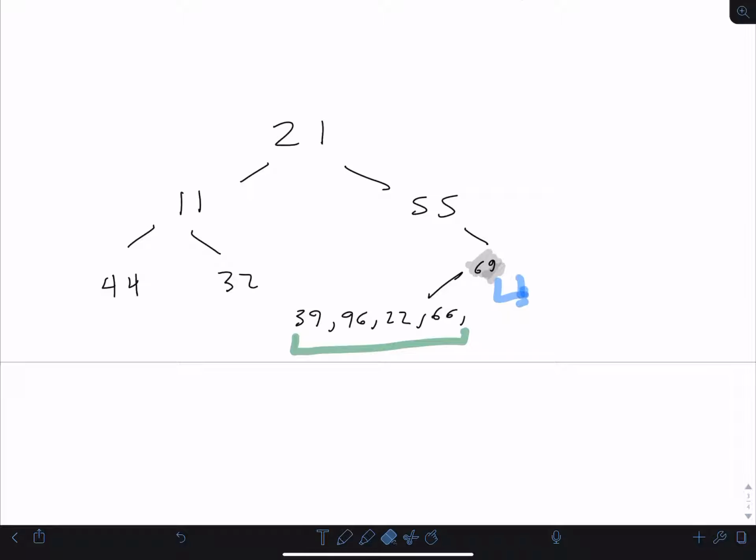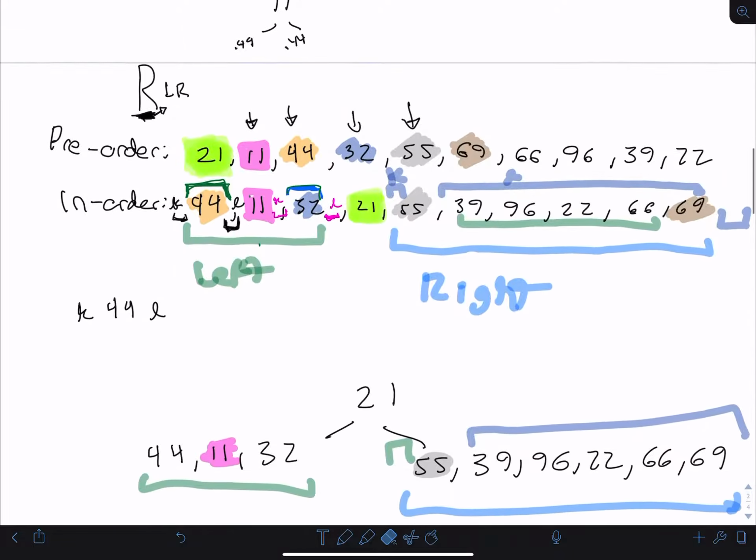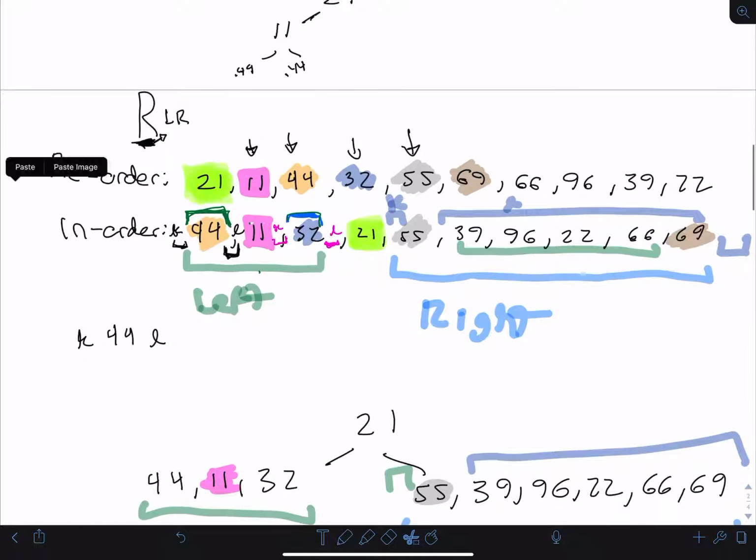There we go. Are we understanding this so far? Let's copy the list down so that we don't have to keep scrolling up either.